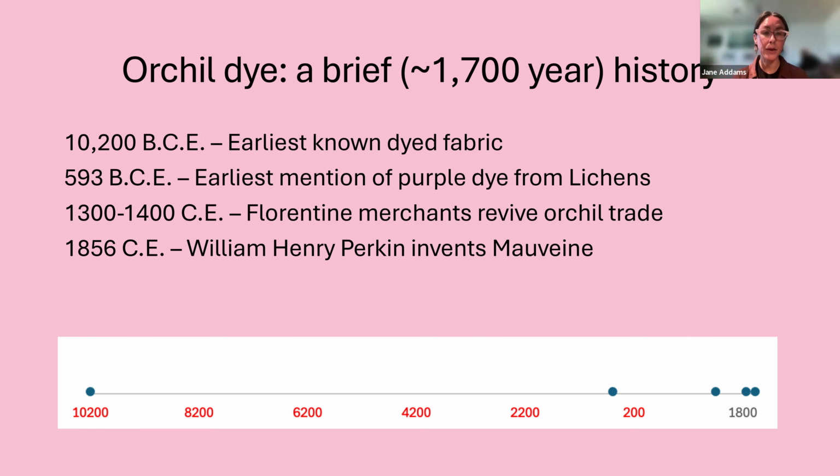And then all the way here at the end in 1856 CE, a man named William Henry Perkin accidentally invents the first synthetic dye, which is called mauveine, and just happens to be a really similar color to what you might expect from Orchil.